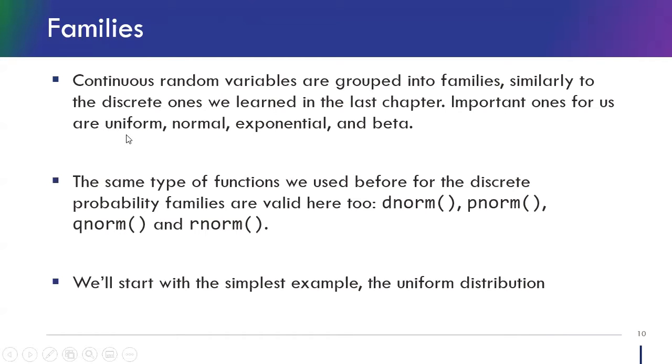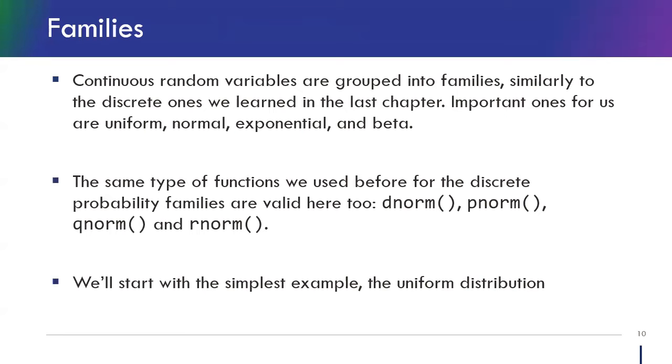Those are the most commonly used ones. Well, there are way more than this, but this is what we're going to talk about today. And the same type of R functions we can use for continuous variables, like dnorm for the normal distribution. So dnorm, pnorm, qnorm, and rnorm, those we will talk about in the R examples.